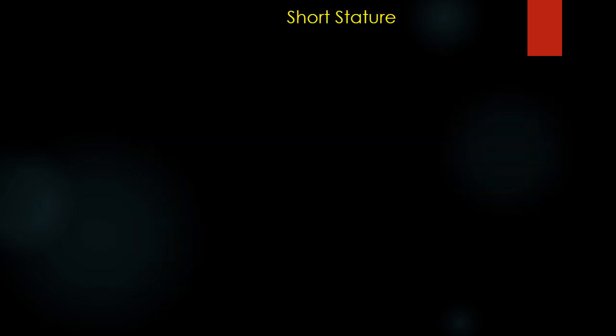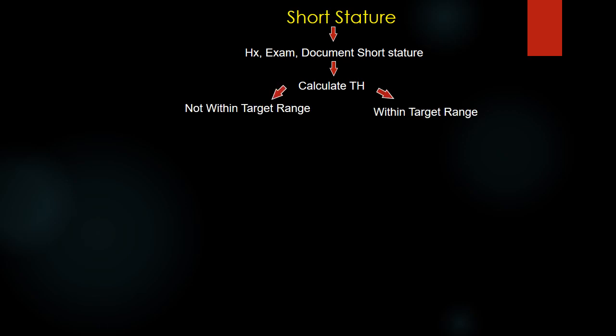So if a child is short, you go on to take a detailed history, do a targeted examination and document short stature by measuring the dimensions. You calculate the mid-parental height or the target height. If the height is within the target range, you don't do anything. You just observe the child and observe the growth velocity of that child.